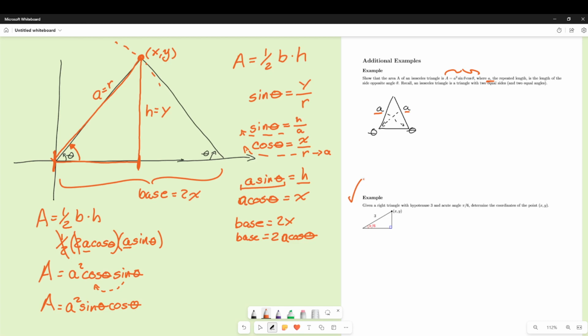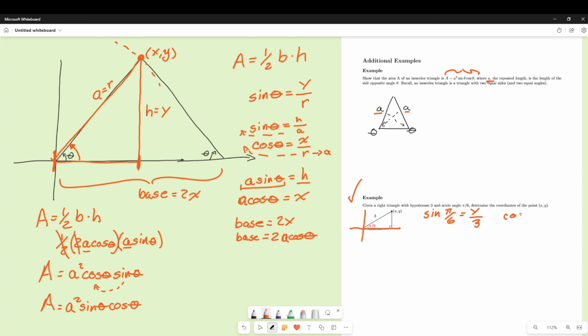Given a right triangle with hypotenuse 3 and an acute angle pi over 6, determine the coordinates of that point. So we're kind of assuming this is in standard position. And we know that the sine of pi over 6 has to be our y over our radial value, so that's 3.